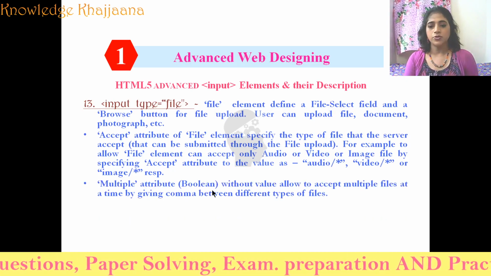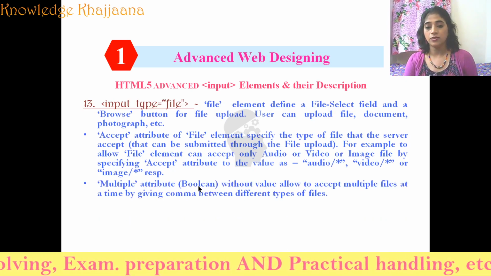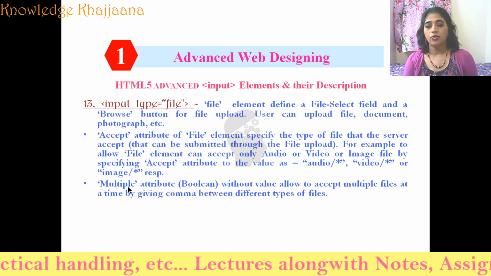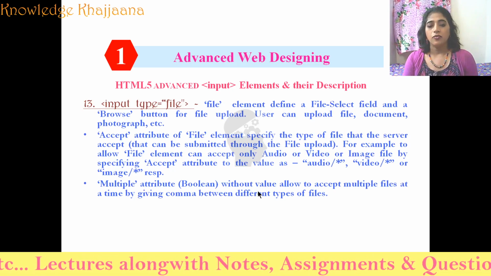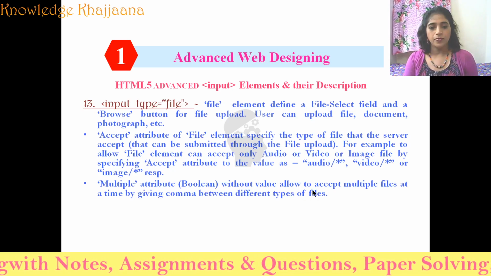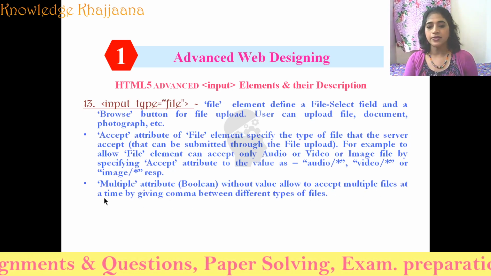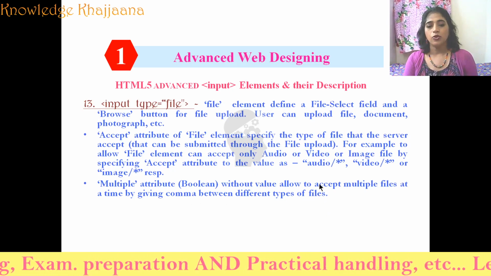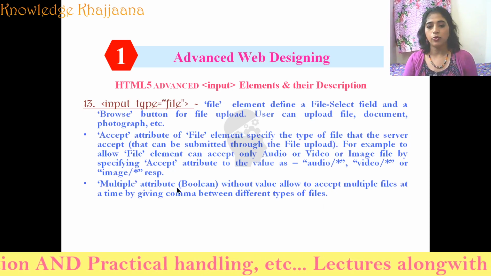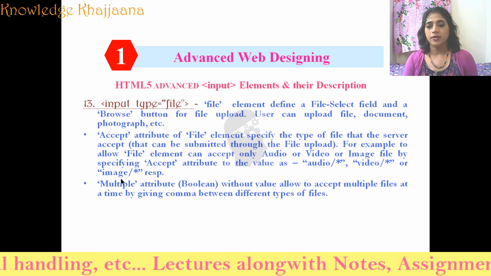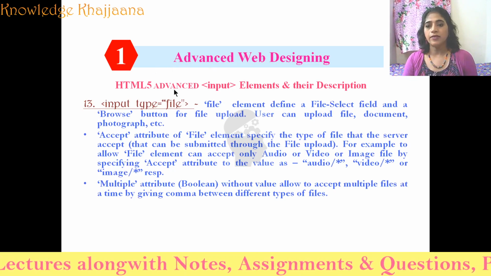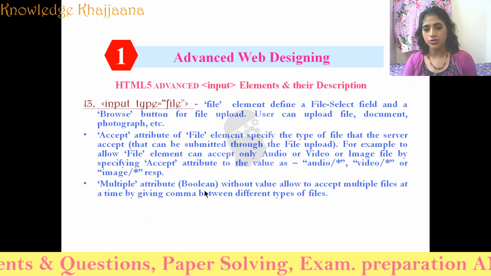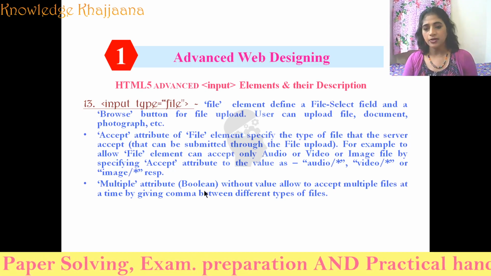Multiple attributes which don't have a boolean value means only multiple is written, without value, allowed to accept multiple files at a time by giving comma between different types of files. Means you can submit or upload many files at a time. This multiple attribute is one of the advanced HTML input attributes, which we are going to see in detail later.